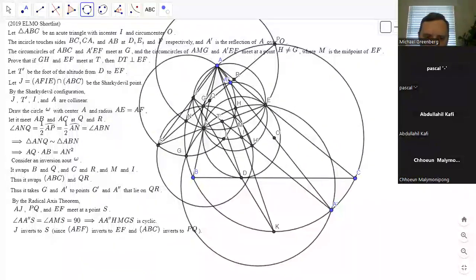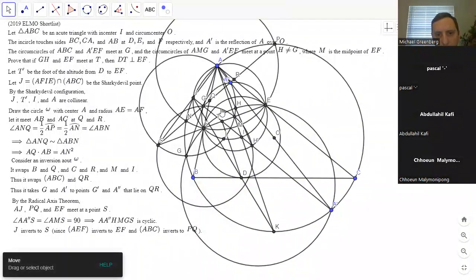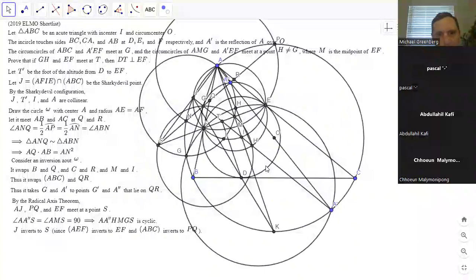We want to show that's cyclic, and we want to try to use the radical axis theorem. G prime and H prime lie on this circle, and S and M lie on this circle.